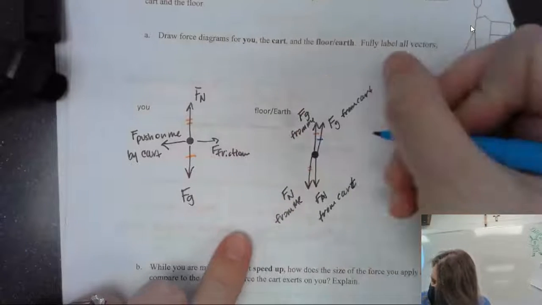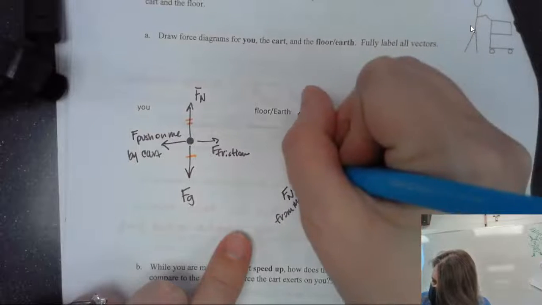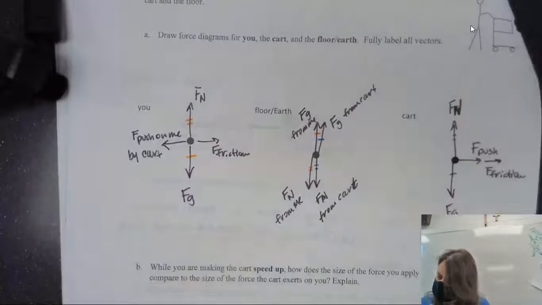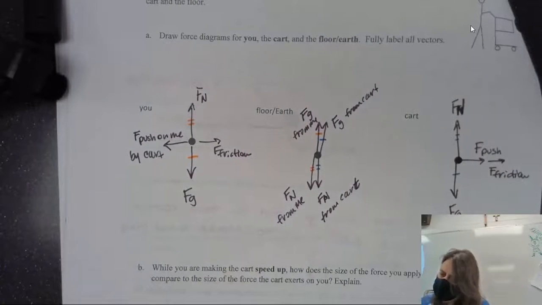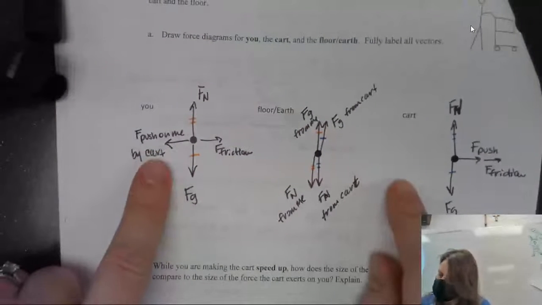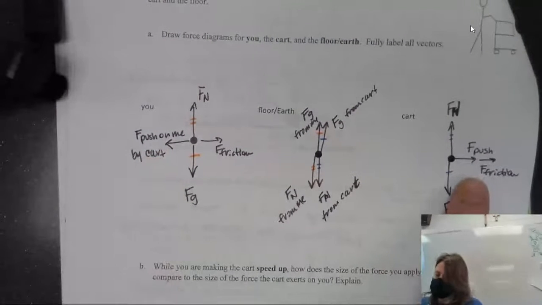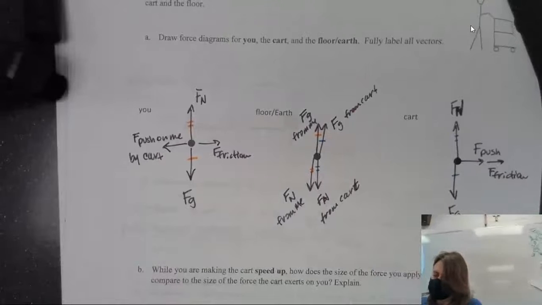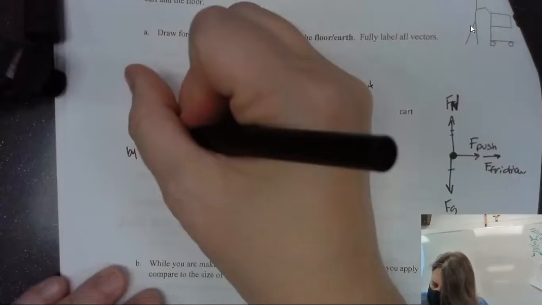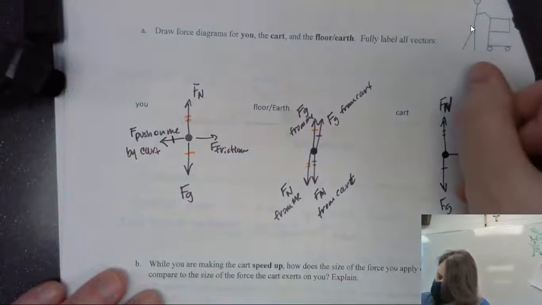We're going to have these pairs too. Those are connected to each other. And then the push on me from the cart is going to be equal to the force on the cart from me. Using different colors here too.